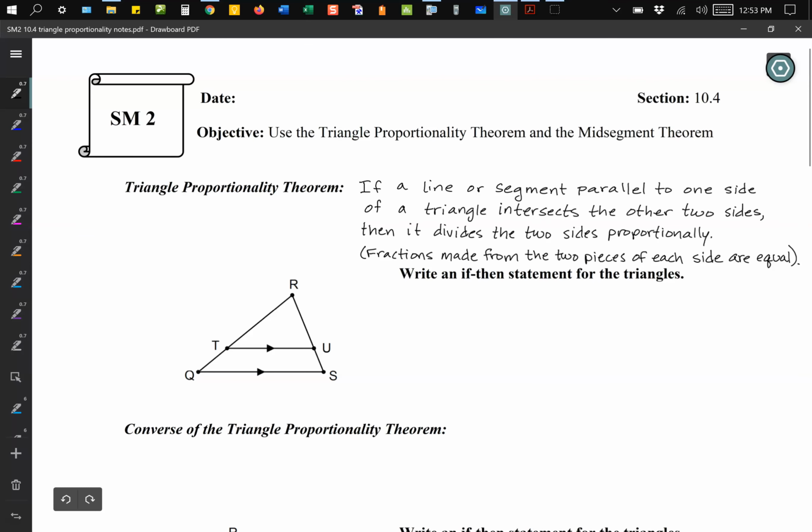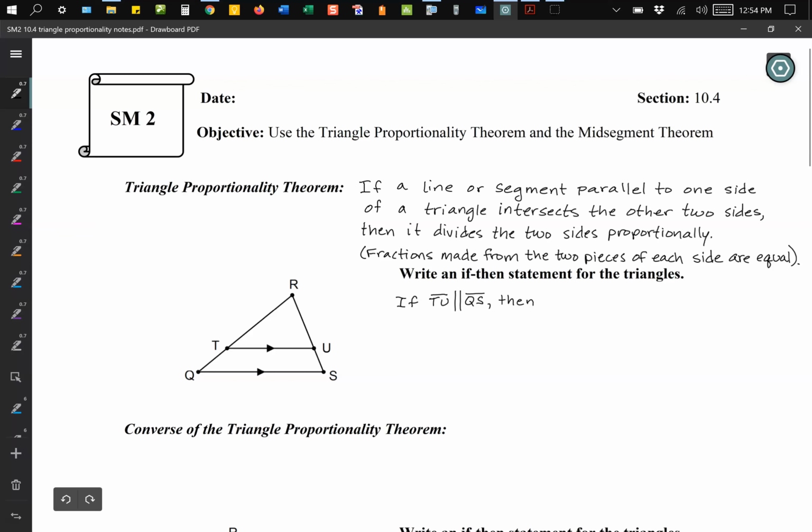So the if on this is if these two segments are parallel. So if segment TU is parallel to segment QS. We have to know they're parallel for this to be true.